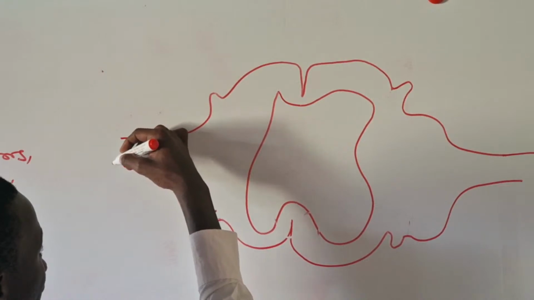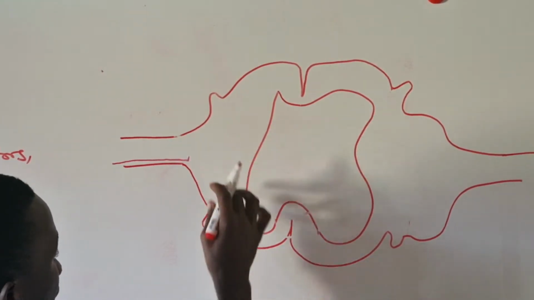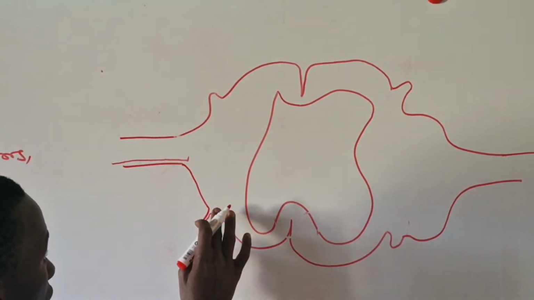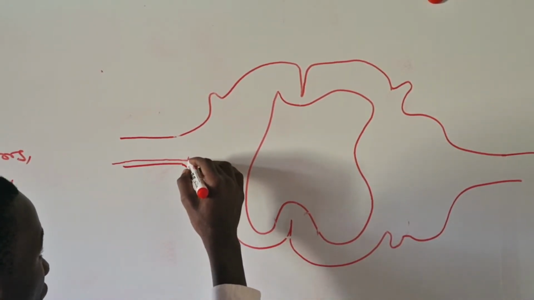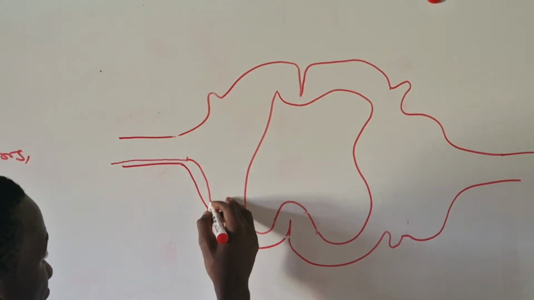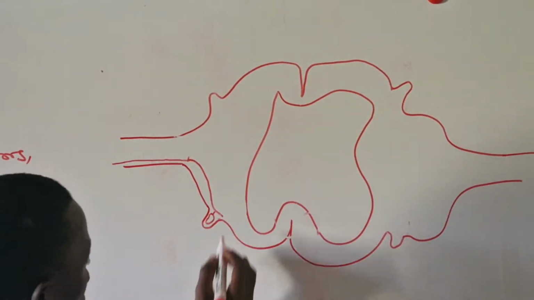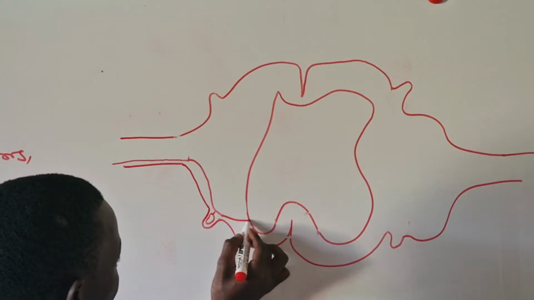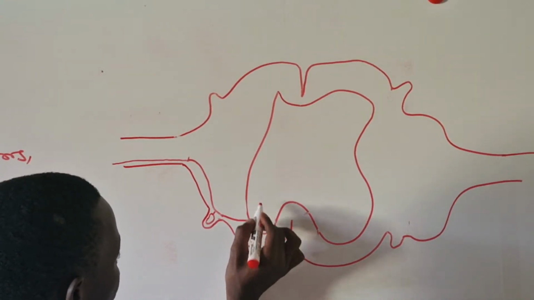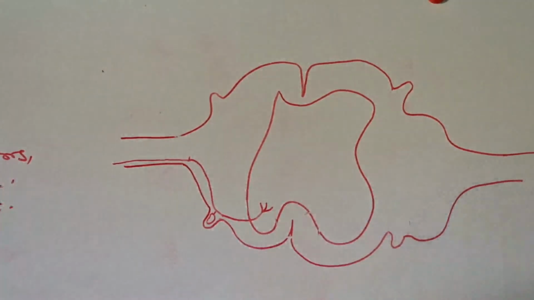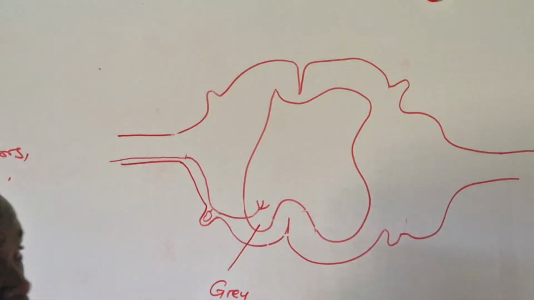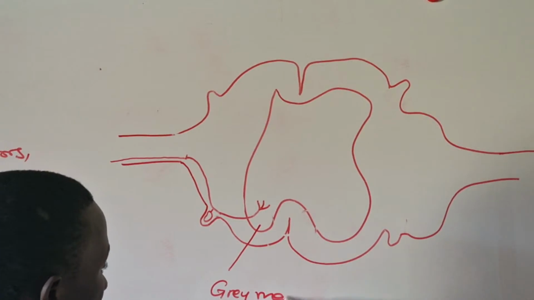Remember, we said a sensory neuron has a longer dendron, and it is only the axon of the sensory neuron that enters the gray matter.